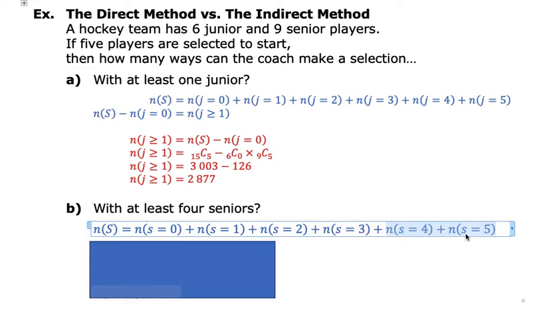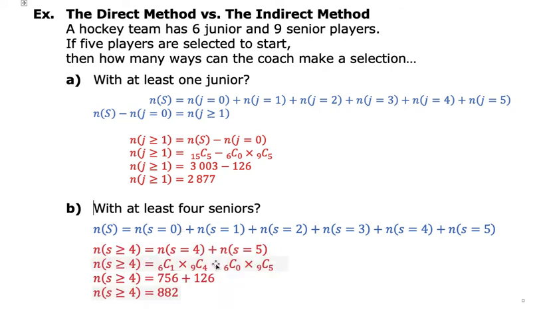Remember, with additive counting principle, we can think of this as either 4 being selected or 5 being selected. So we can add these 2 cases together. And this is, again, an abbreviation using an inequality operator. The number of ways that the seniors selected is greater than or equal to 4 is selecting 4 or selecting 5.